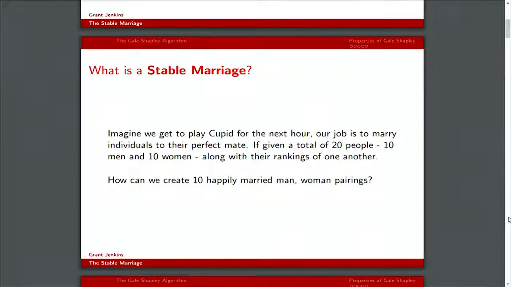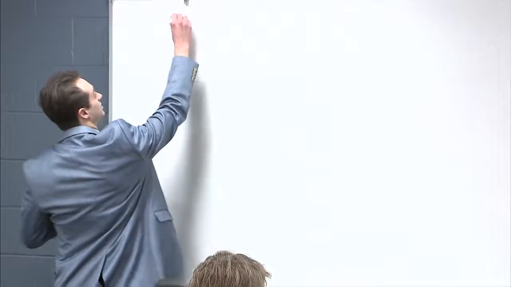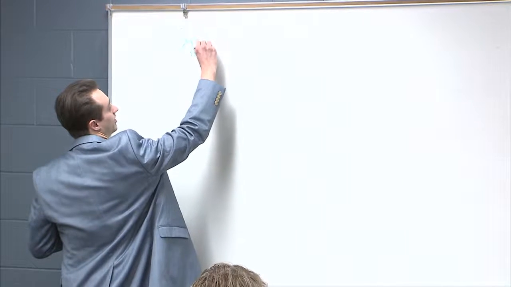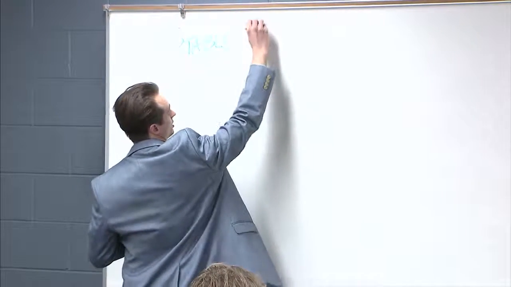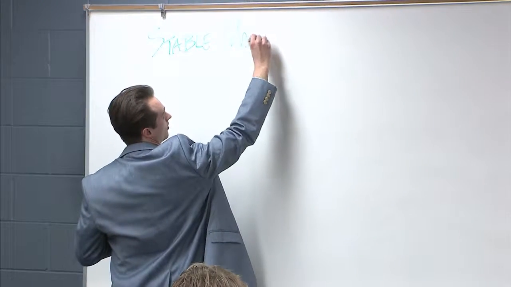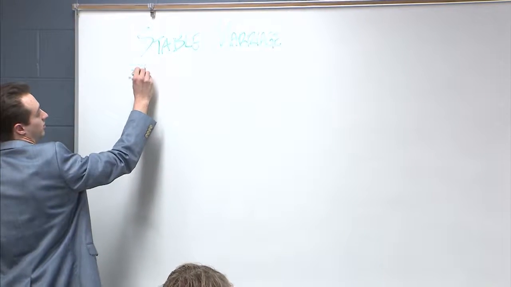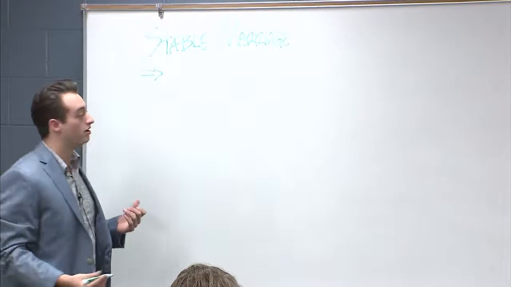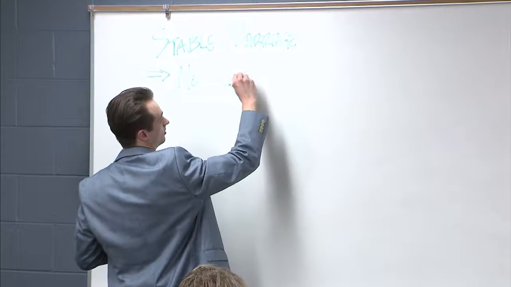A couple of definitions to start off with: we have to define what a stable marriage is. A stable marriage means that we have no unstable pairs.